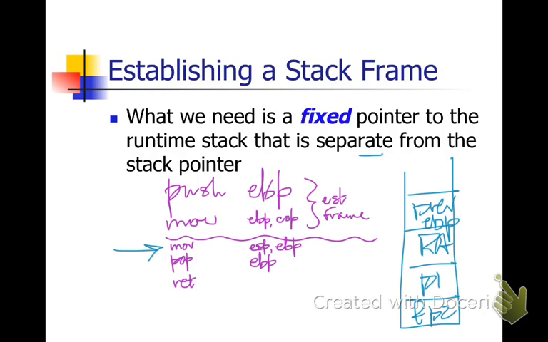We don't know where the stack pointer has been. We assume we've already used it. We're ready to return to our calling code. So I want to make sure it's pointing at the same thing that the base pointer is pointing at. So what I'm going to do is just copy the contents of the base pointer into the stack pointer. That means I've got stack pointer and base pointer both pointing at the same thing.